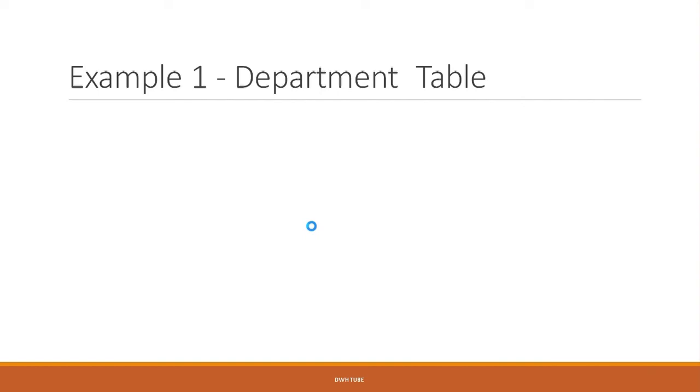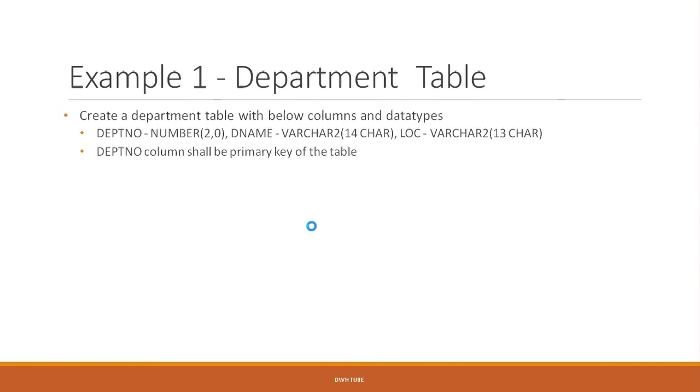First, let's create a department table with department number, department name and location. The data types are: department number would be number, department name would be varchar2, location would be varchar2, and department number shall be a primary key. I guess you might have guessed by now that this is the syntax.